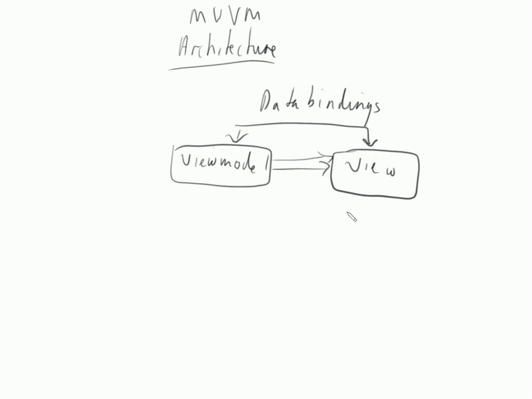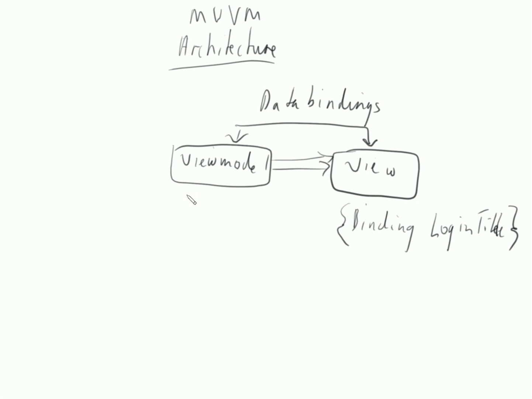So inside here, in our XAML, we'll set up a binding, and we'll register to a property like this. I'll show you a code example eventually, but right now we're just whiteboarding this stuff.